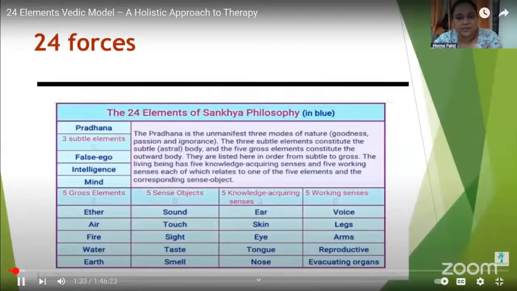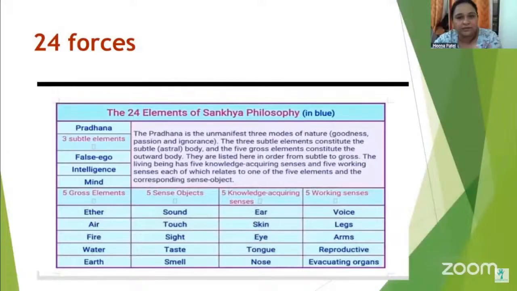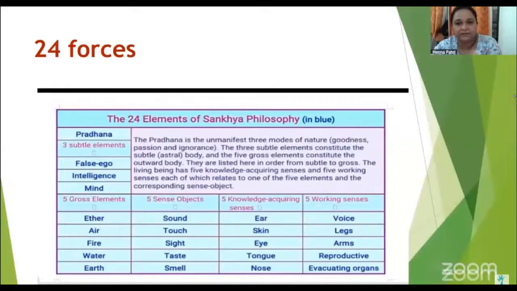So if we understand the basic fundamentals of how humans work, we can handle lots of problems in our life, and we have a clear vision of what to do and what not to do.